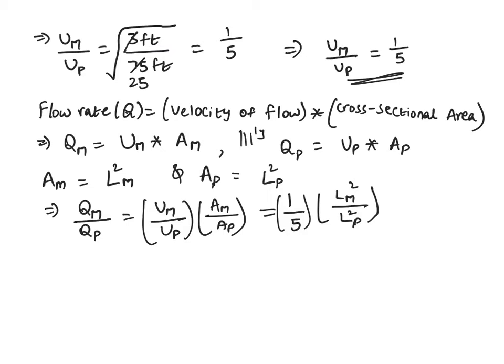Rewriting this, it can be written as 1/5 times 3 feet squared by 75 feet squared.